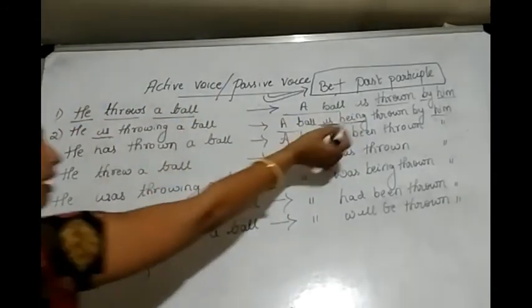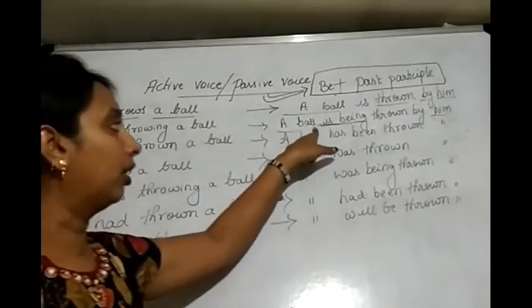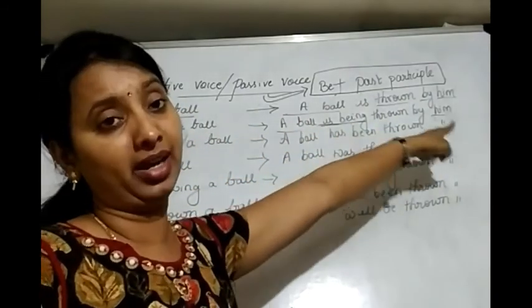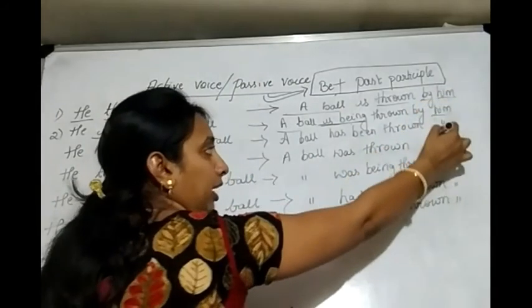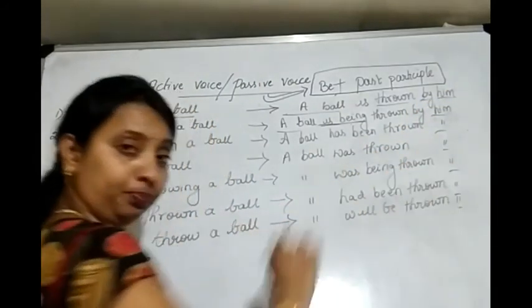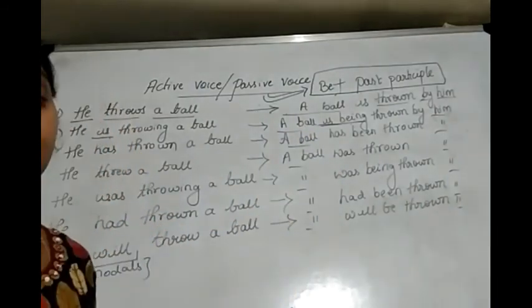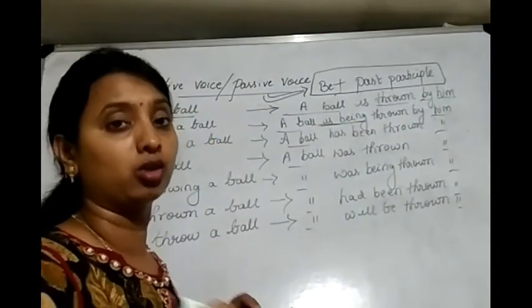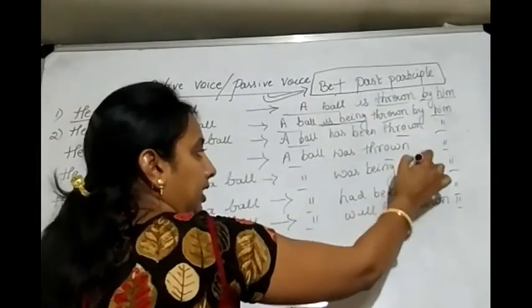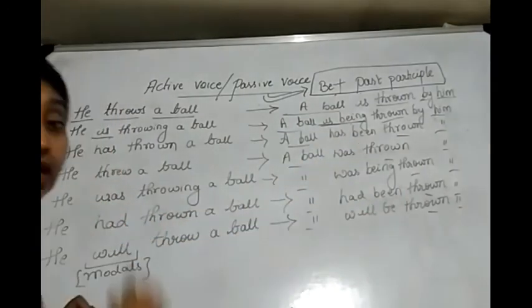If am is there, am being. A ball is being thrown by him. By him is an object. In all the sentences, it is the same. A ball is a subject. And then, past participle form of throw is thrown. It's same in all the sentences. So, we need to change only these helping verbs.